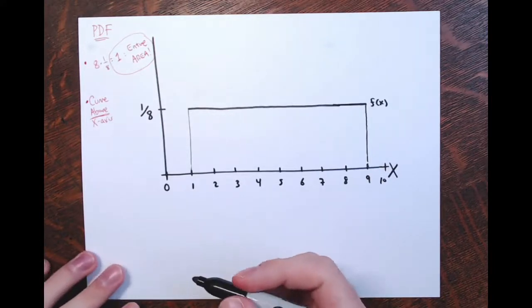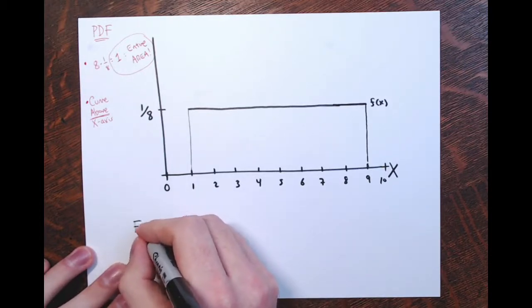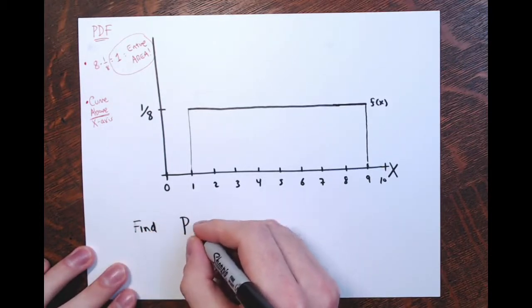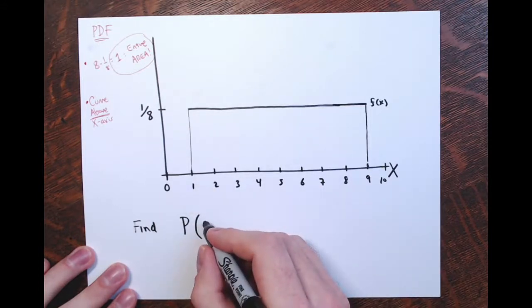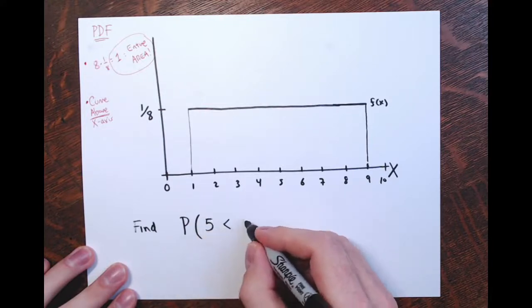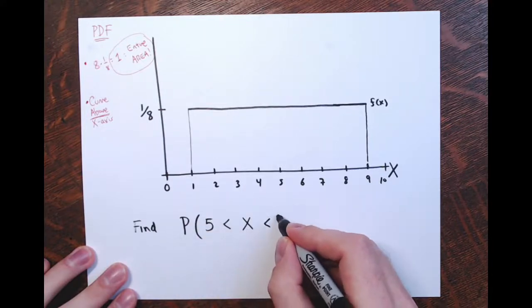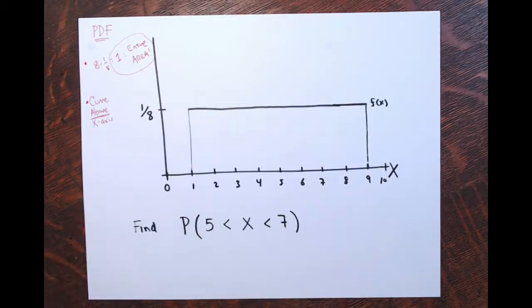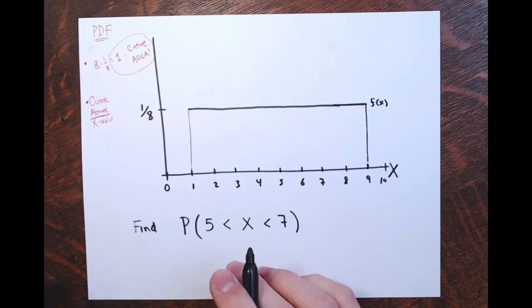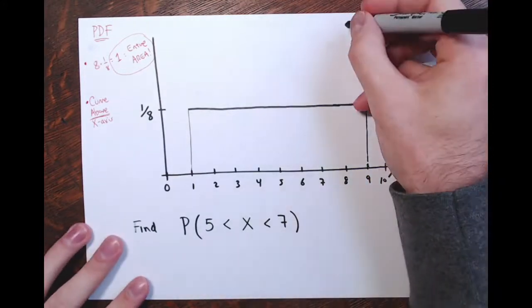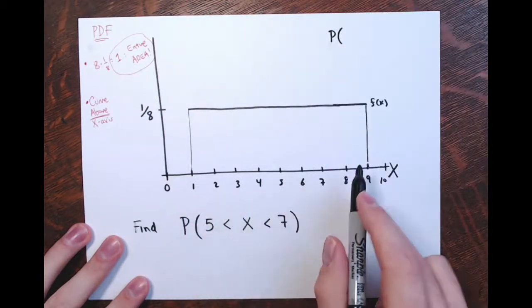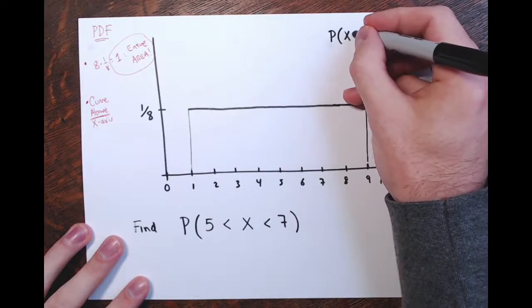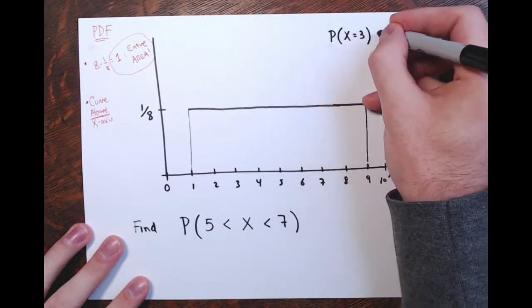Now we are asked to find, what's the probability that if I were to pick a value of x at random, the value of x will be between 5 and 7? Now again, notice we're not asking for a specific value, right? If I said, let's pick a value from 1 to 9 here at random, and say, hey, what's the probability that x equals 3?